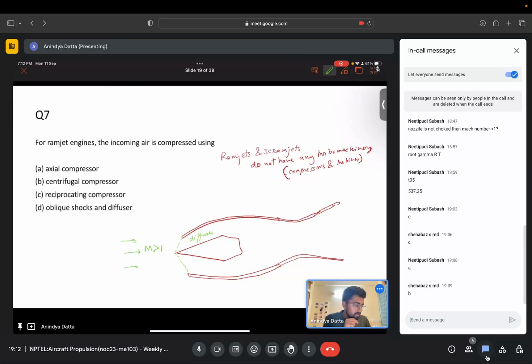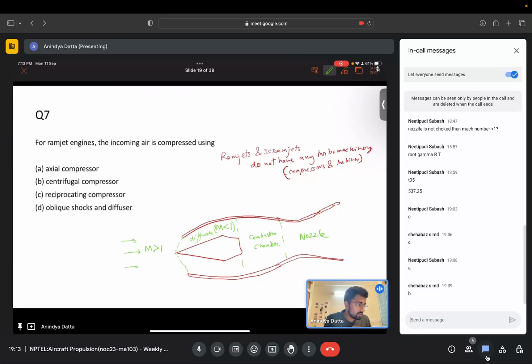After you encounter a shock and then the diffuser, the flow Mach number becomes less than 1. Then you have the combustion chamber, where the Mach number is less than 1, and finally you have the nozzle.